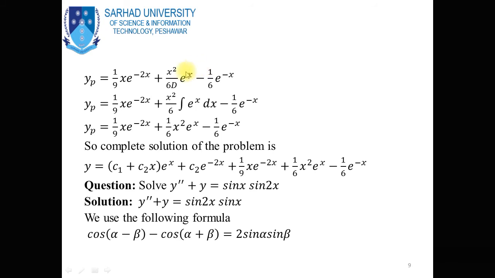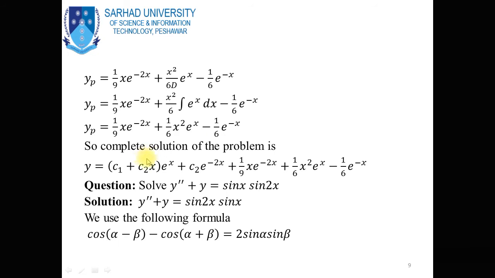Or simply, 1 over D means integration, so we can take the integration, and also we can replace D by 1. In both cases we obtain 1 over 6 x square e power x. So this is the particular part for the first function, this is the particular part for the second, and this is the particular part for the third function.